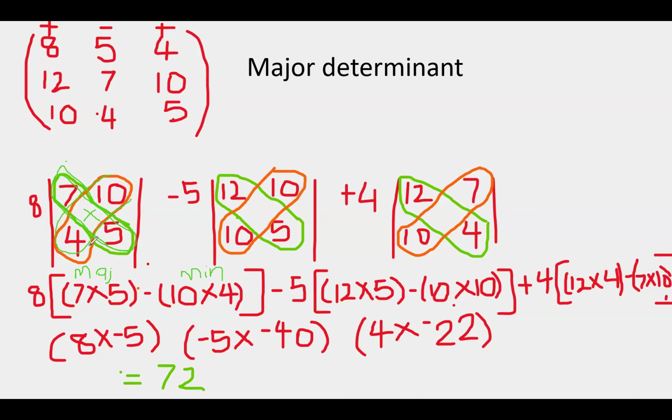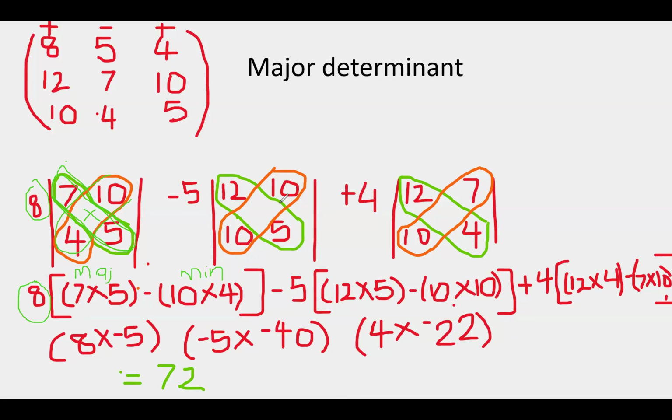Remember, we still have our 8 here. That's why we put this in brackets, still retaining our 8. The process is to first multiply and subtract, and then multiply the 8 outside the brackets after obtaining the values from subtracting the minor diagonal from the major diagonal. So we're going to do this for all the matrices we have.